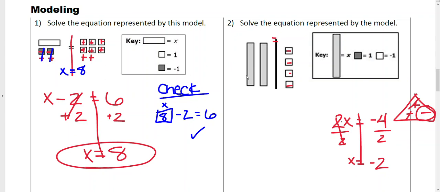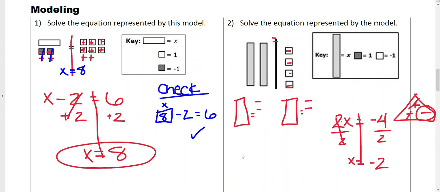The other way you could check yourself is using the model. So I know that 2 x's are equal to 4 negatives. So what you could do is you could put one x and another x, and then split out the pieces. So I know 1 negative, 2, 3, and 4. So x would be equal to 2 negatives.